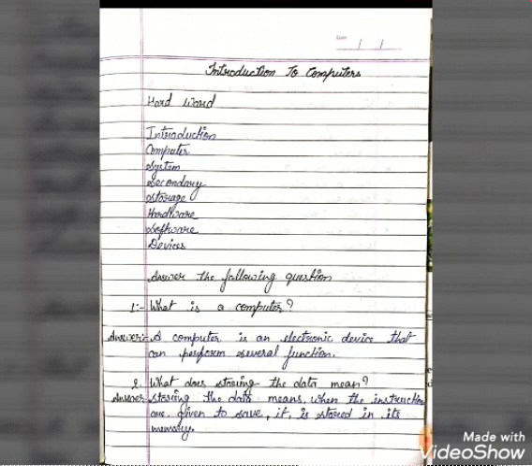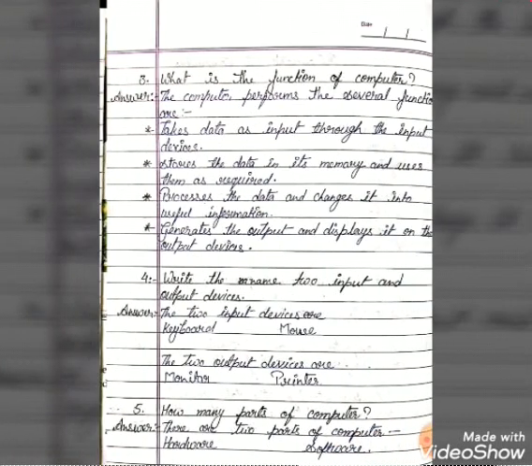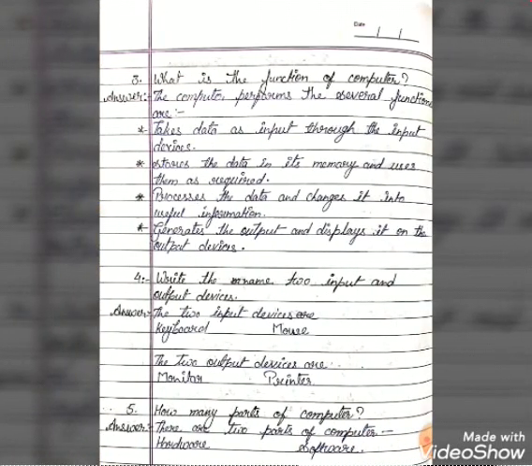And the third question is, what is the function of a computer? The computer takes data as input through the input device, stores the data in its memory and uses it as required, processes the data and changes it into useful information, and generates the output and displays it on the output device.